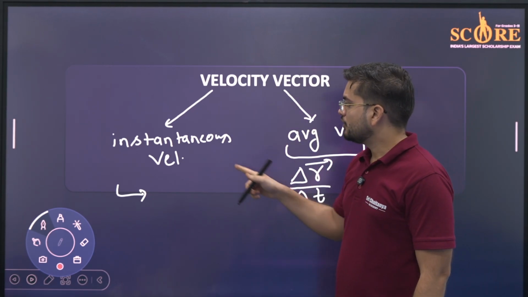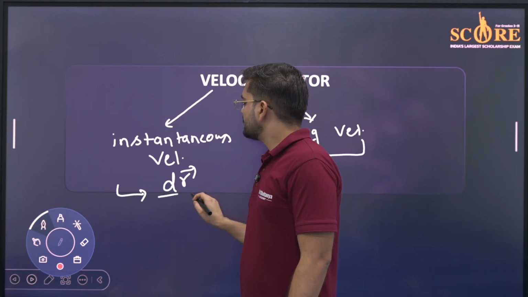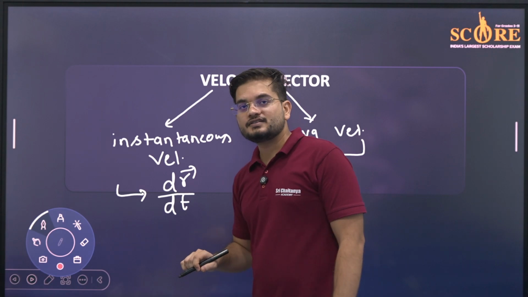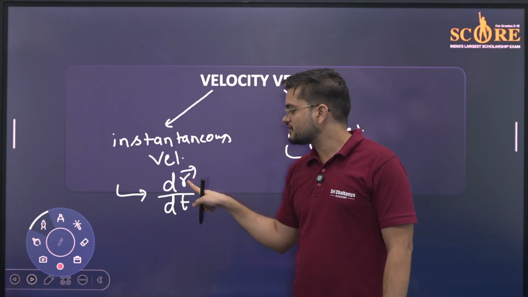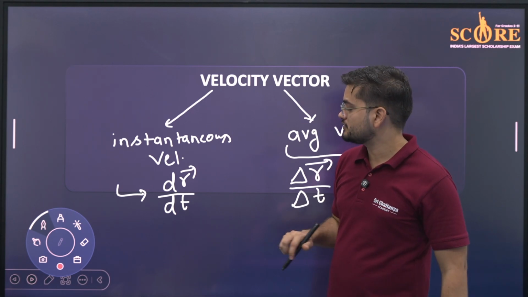For the instantaneous velocity, we can use differentiation of position vector with respect to time, which is known as instantaneous velocity.